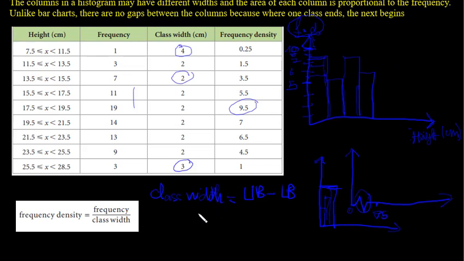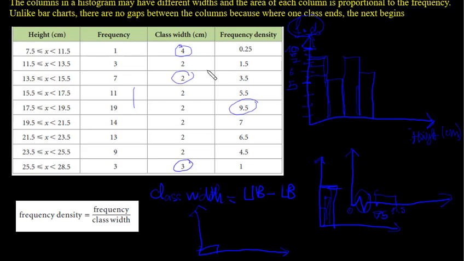I have an example for this one. The 0.25 is something low, and from here to here is 4. So this is a very small one, up to 11.5.